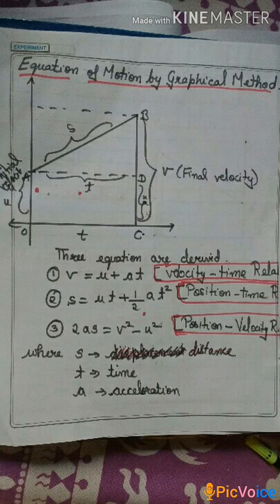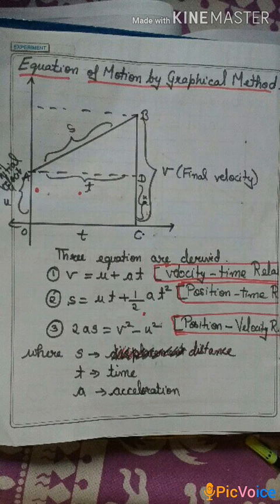The first equation which is derived is v = u + at, where v is the final velocity, u is the initial velocity, and a is the acceleration. This equation is called the equation for velocity-time relation. The second equation is s = ut + ½at².